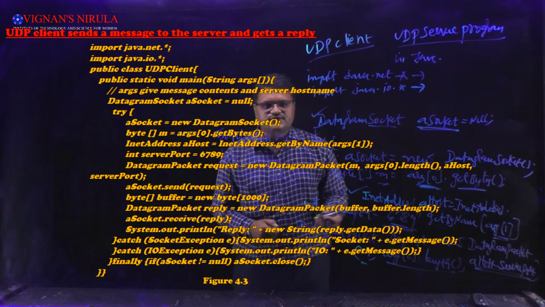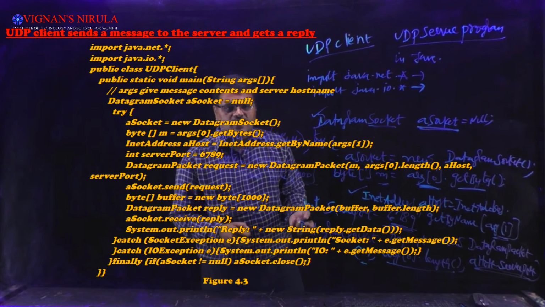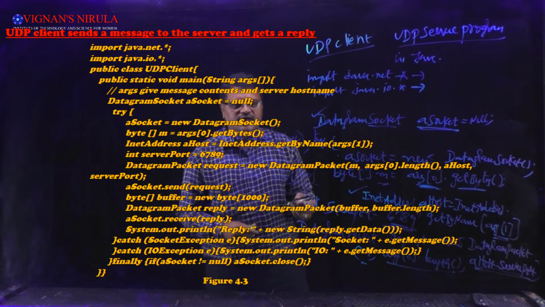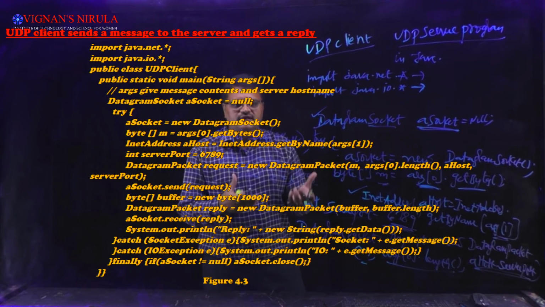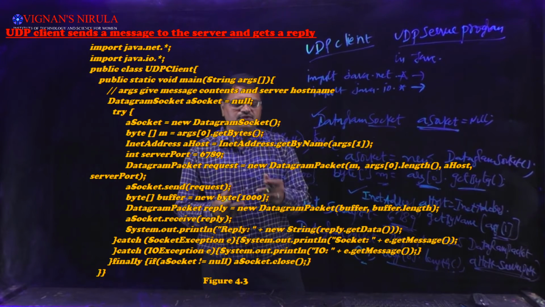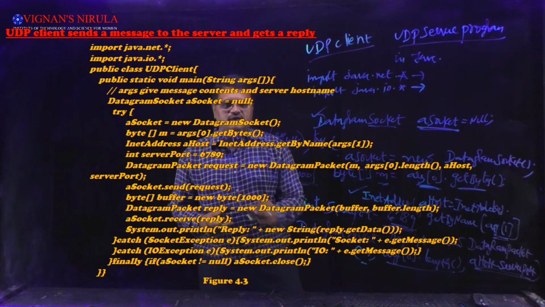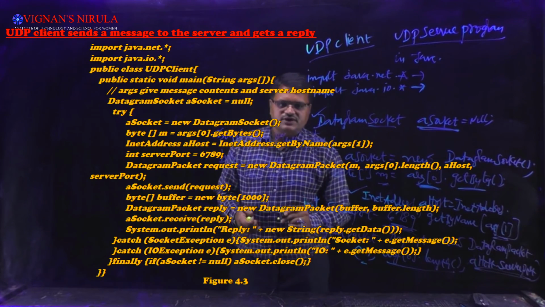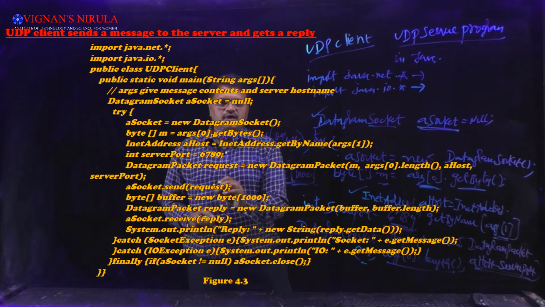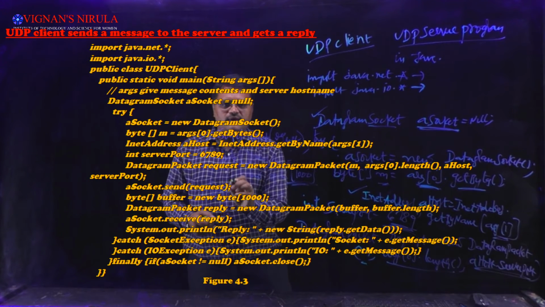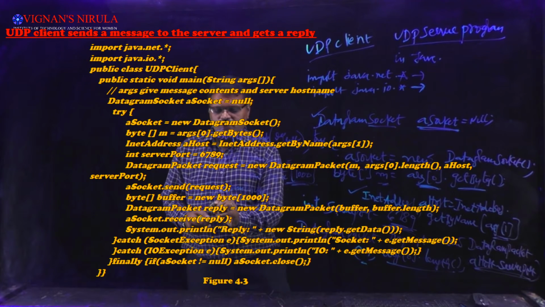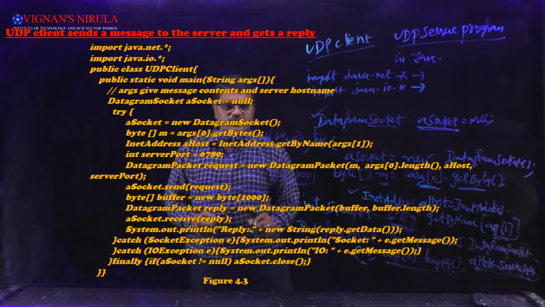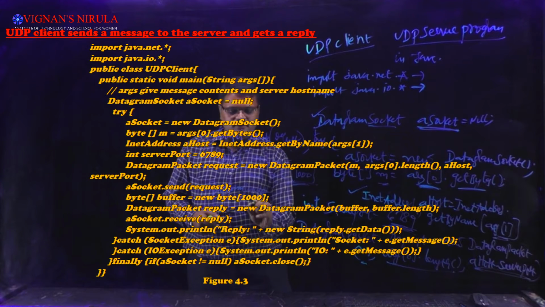Now after this, DatagramPacket reply equal to new DatagramPacket, buffer, buffer.length. So we don't know how much length of reply we will get from the server. So that will be stored in the form of a reply message. So again, DatagramPacket reply equal to new DatagramPacket.